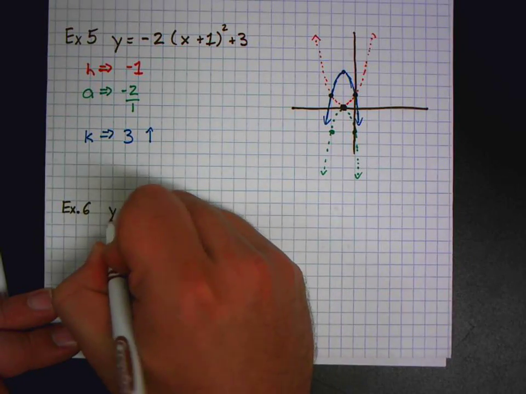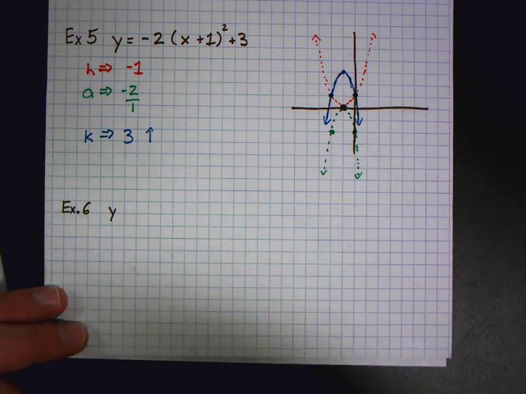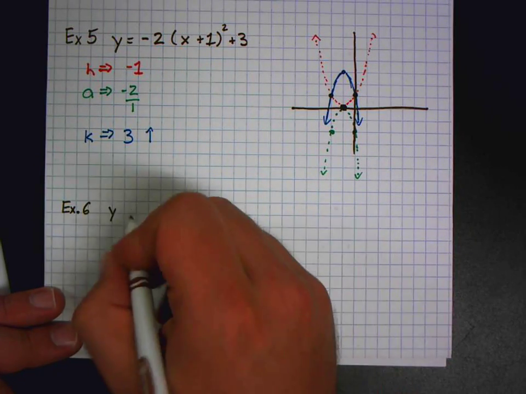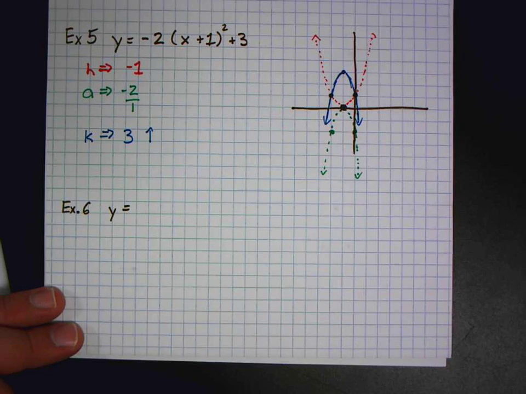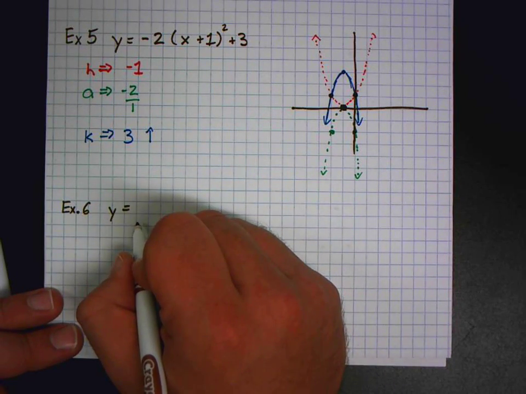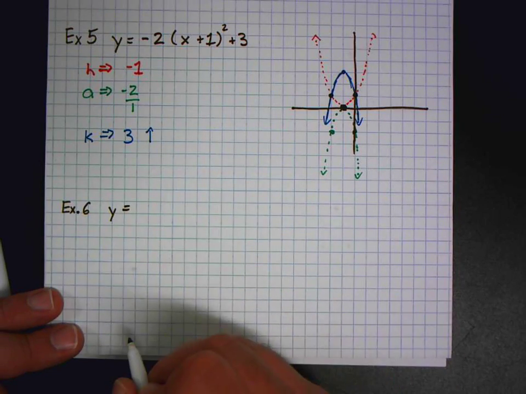I'm probably just going to do 2 more. I'm going to do one more like this, and then I'll do one with the b real quick to show you what the b does. Again, I'm not going to get too concerned with the b yet because we'll cover that more second semester.